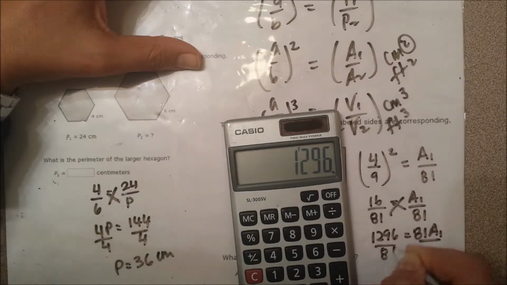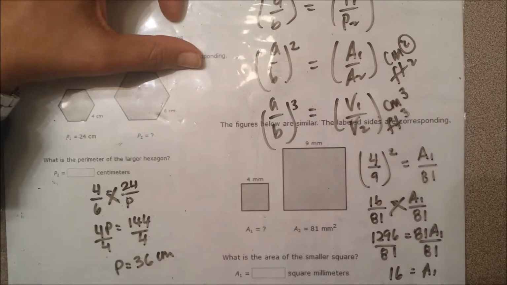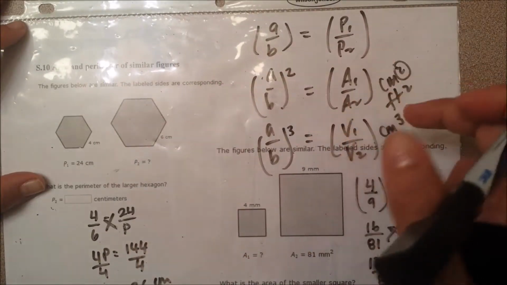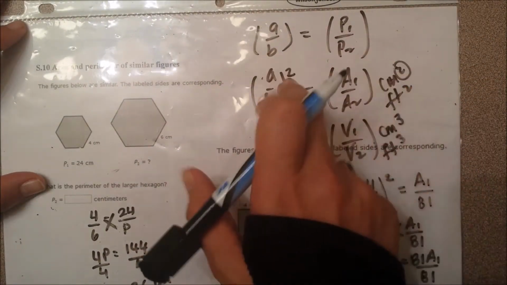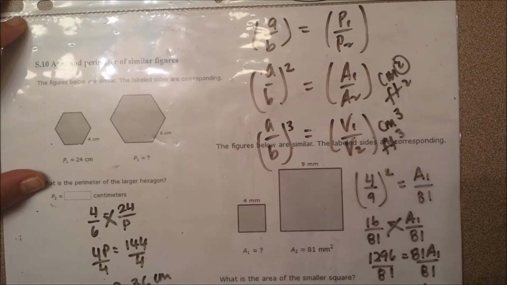Divided by 81, A1 is 16. So again, just to remind you, when it's perimeter, you set it up just like normal, side to side, perimeter, perimeter. When it's area, before you cross multiply, you have to square it. When it's volume, you have to cube it.